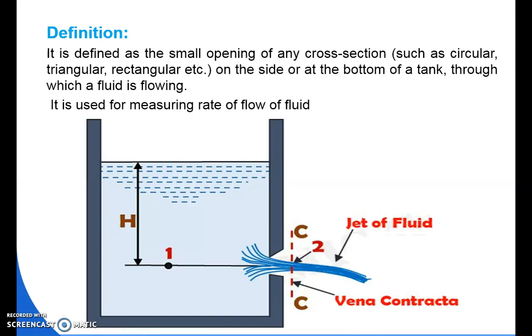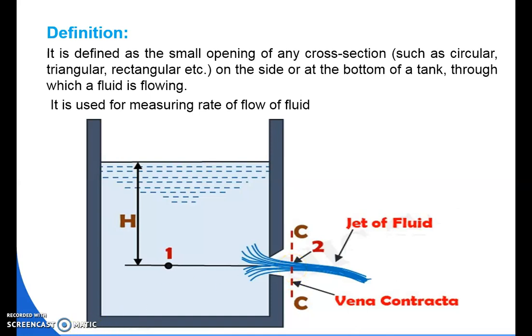Now, according to Bernoulli's theorem, we have 2 points: inlet is 1, outlet is 2. Before the water enters the orifice, the energy is measured at point 1. After the orifice, we measure the total energy at the vena contracta point.